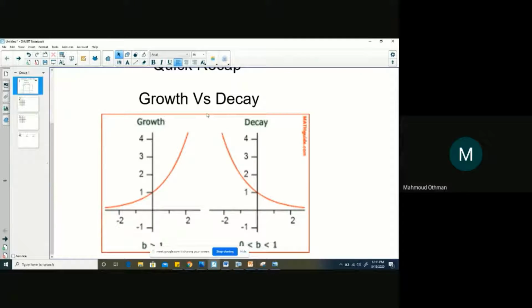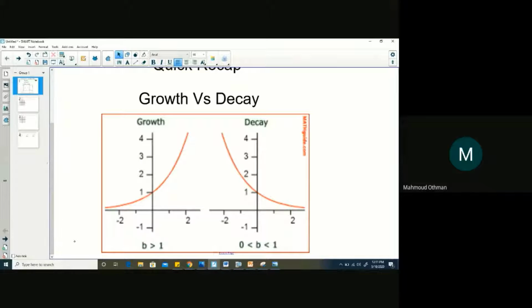So last week we discussed exponential growth and exponential decay. This is what exponential growth functions look like. They have this increasing curve like this.